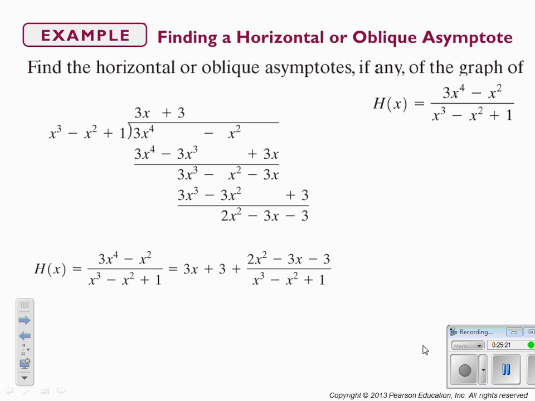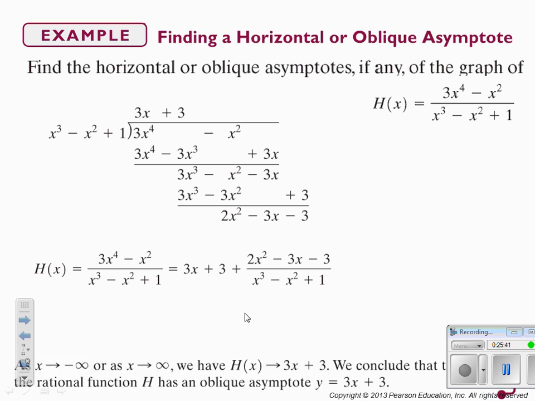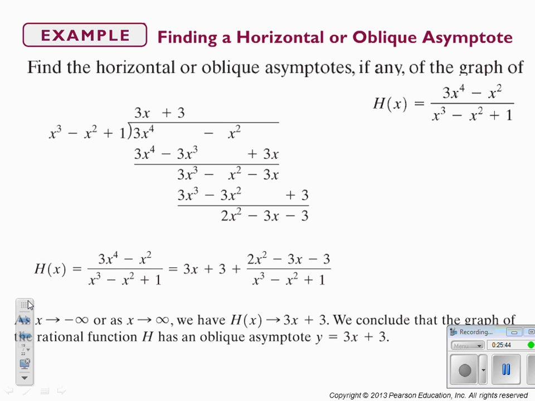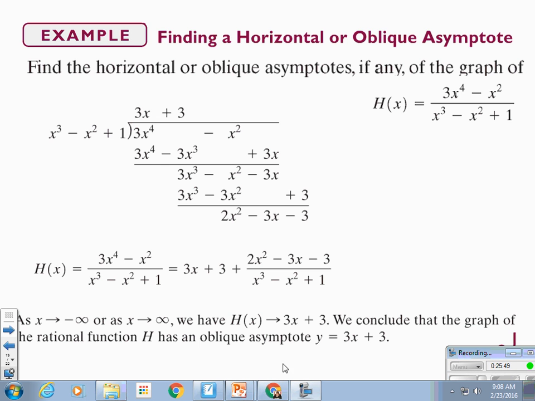All right, so our function is equal to 3x plus 3 plus our remainder over our original denominator. So we get 2x squared minus 3x minus 3 as our remainder over our x cubed minus x squared plus 1. So as x approaches negative infinity or infinity, we have an h of x that looks like 3x plus 3.